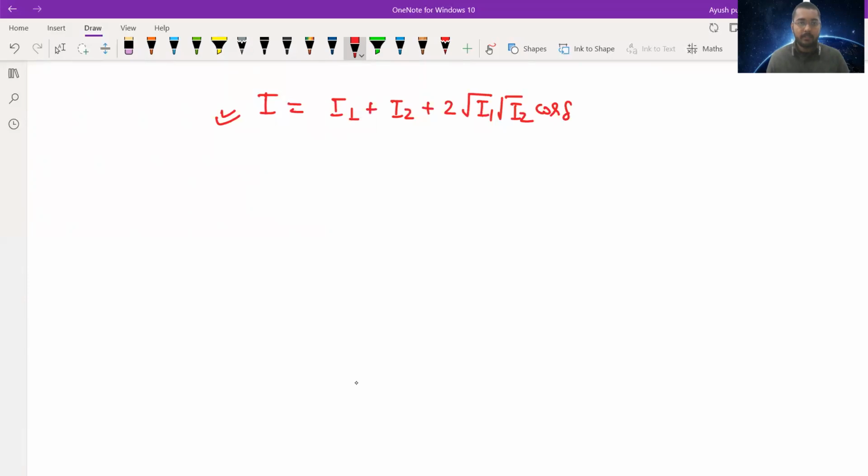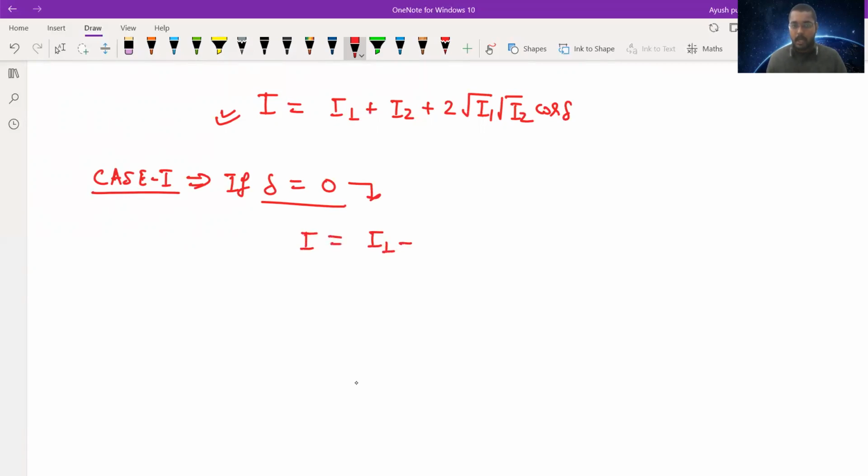Now let's talk about case 1. Let's take delta equal to 0. What will this equation be? I will be equal to I1 plus I2 plus 2 root I1 root I2, and if delta is 0, the value of cos delta will be 1.